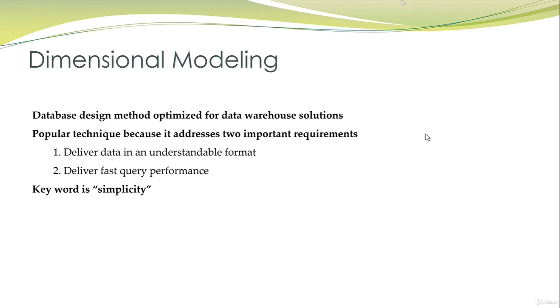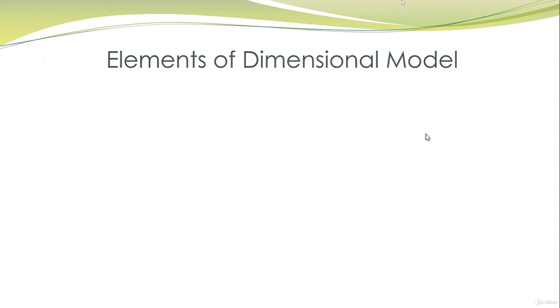The keyword for the dimensional model is simplicity. Simplicity of the architecture of the solution, and simplicity for the end users who can easily understand and process the data. Now, there are some concepts that are always used when we discuss the dimensional model.